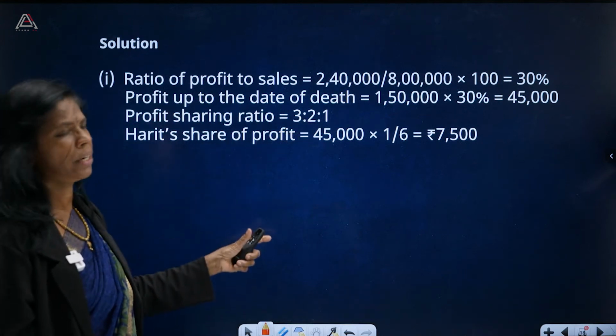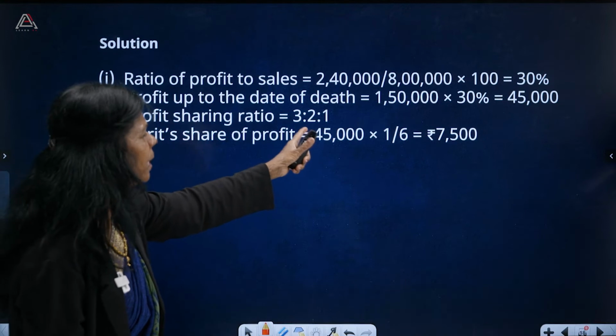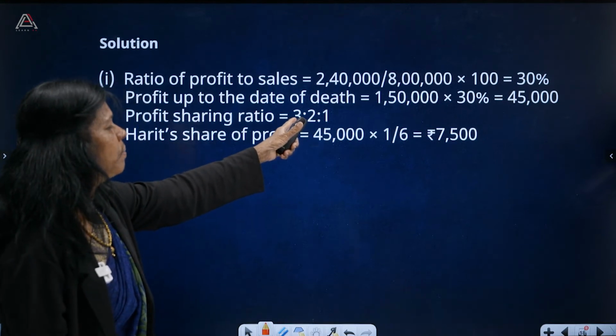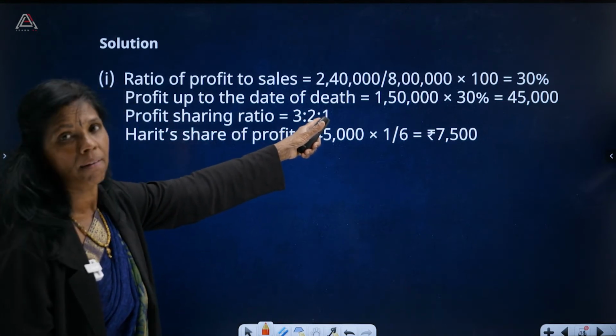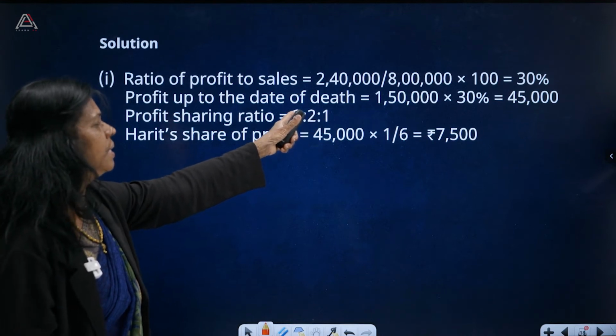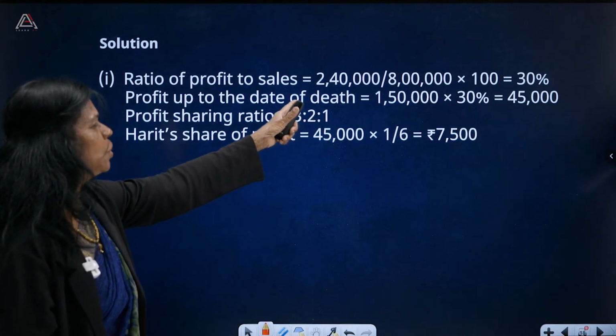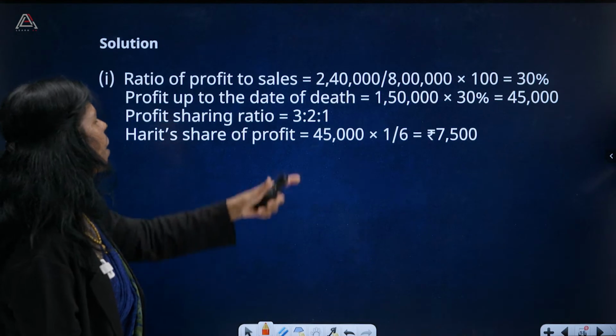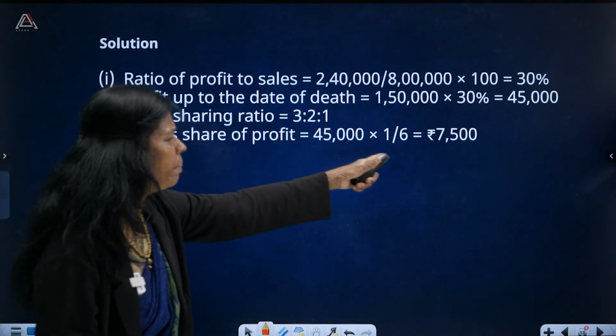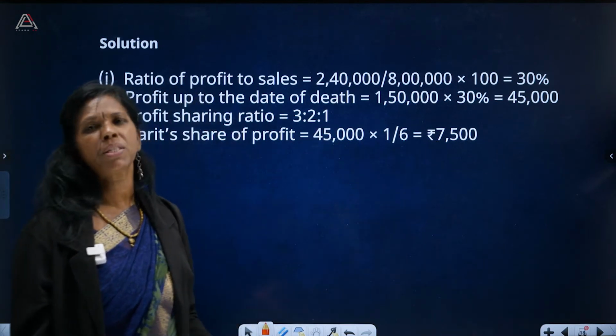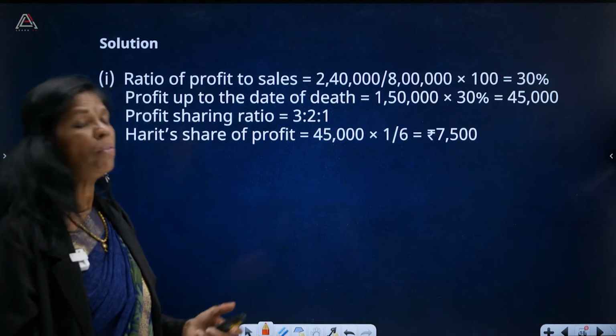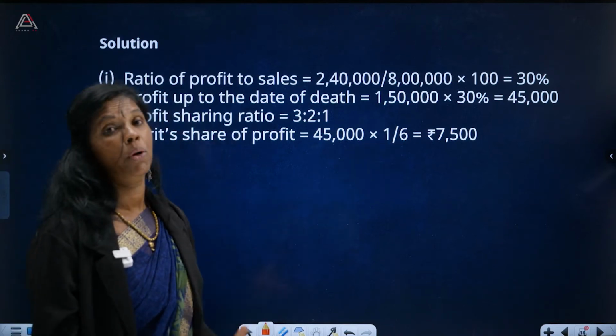Then Harith's share. How much is Harith's share? This is 3 plus 2 plus 1, that is 6. So 3/6, 2/6 and 1/6. Out of this, Harith's share is 1/6. So, 7,500. This is the share of Harith who died.